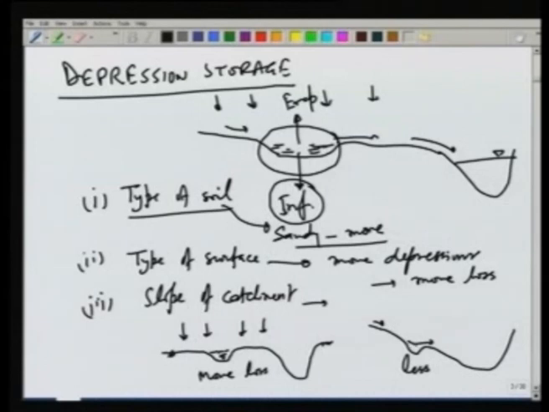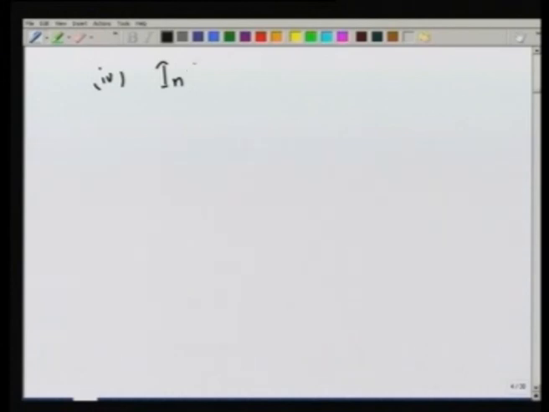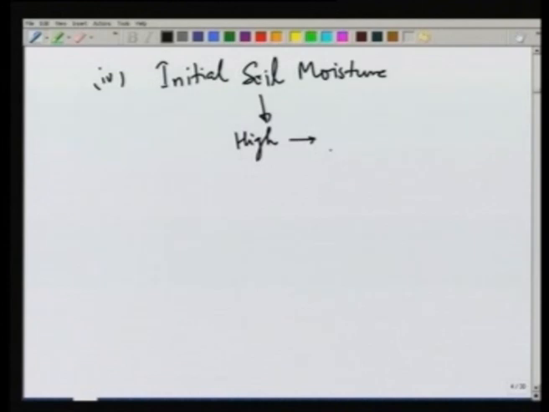Because the water will be flowing faster, there will be more time for infiltration here and less here. The fourth factor which affects the depression storage is the initial soil moisture. So, if you have initial soil moisture high, then there will be less infiltration and therefore less depression loss.